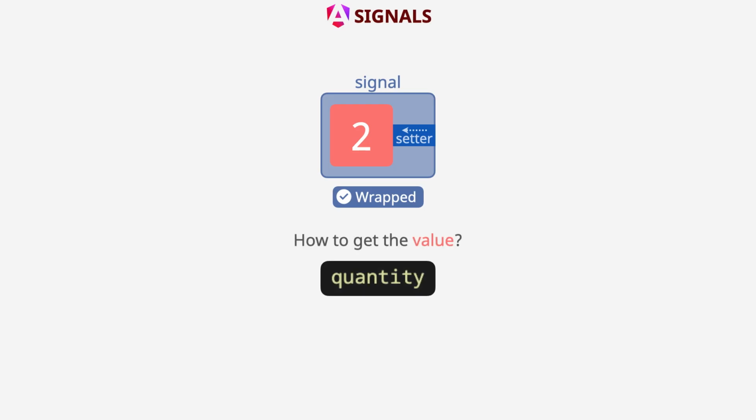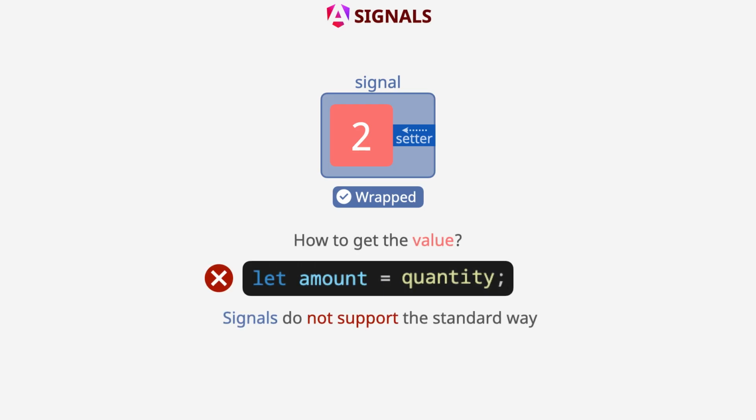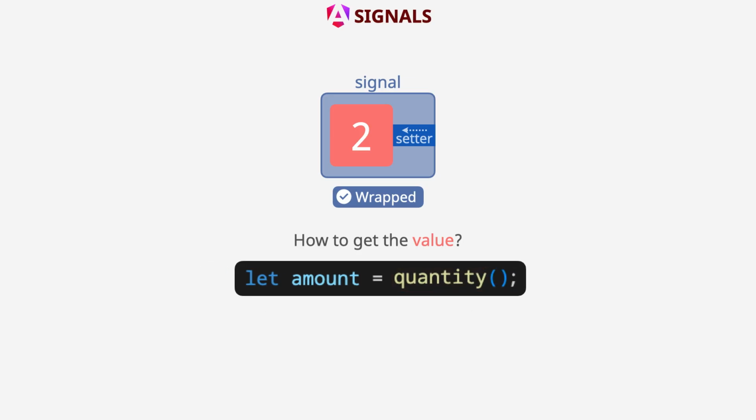How to get the value? Signals don't support the standard way. The special getter method gets the value.